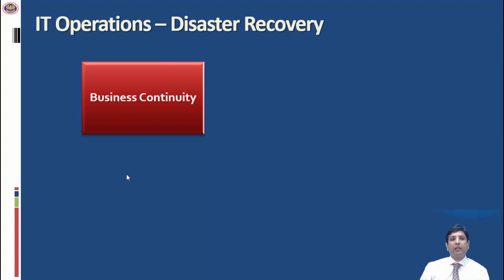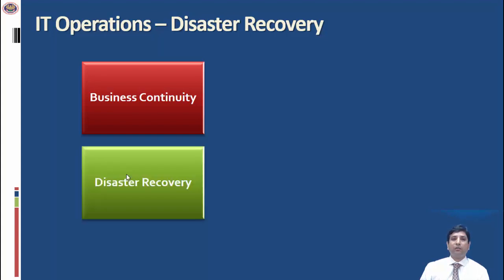Now coming to disaster recovery. Disaster recovery is an integral part of the business continuity planning, because part of the business or a large part of the business, especially when ERP is implemented, involves the use of IT systems and applications. Now, in case a disaster involves the stoppage of IT and ERP application, how would the company recover from such a disaster, and how IT systems will be put back into place for normal operation to resume?